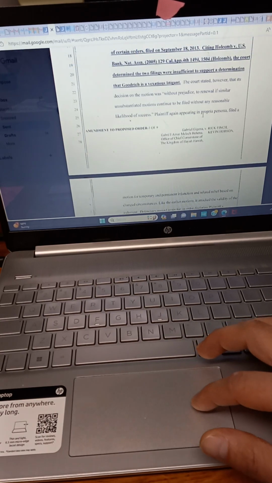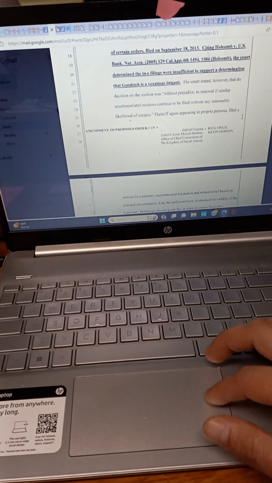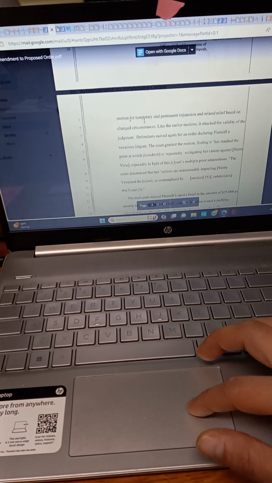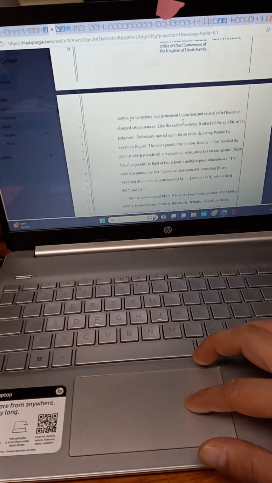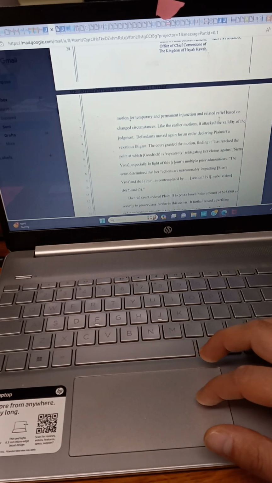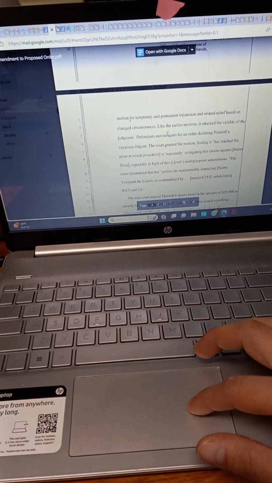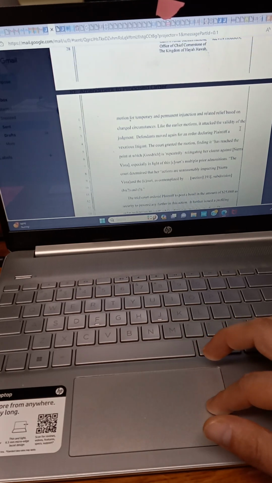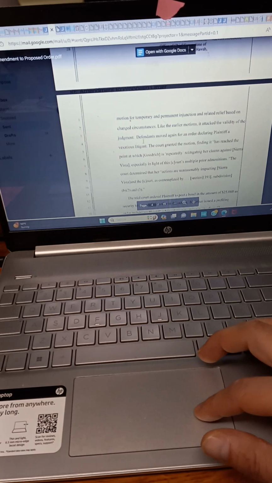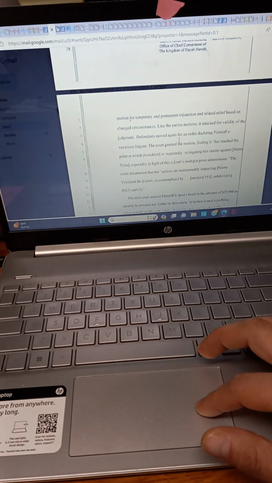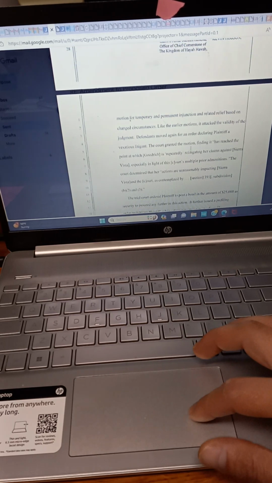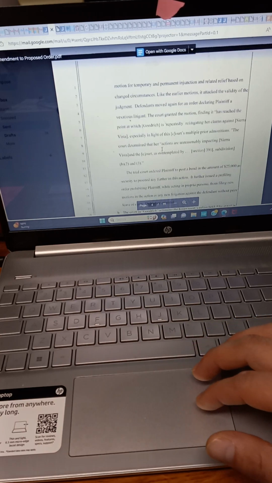Plaintiff, again appearing in propria persona, filed a motion for temporary and permanent injunction and related relief based on changed circumstances. Like the earlier motions, it attacked the validity of the judgment.